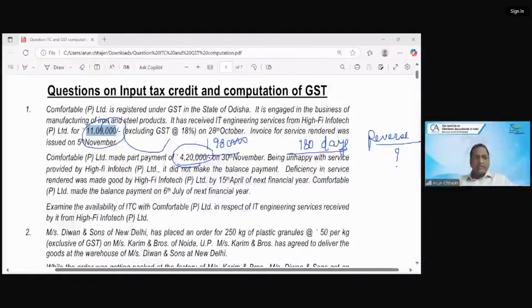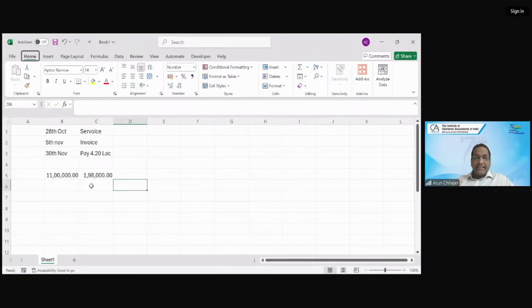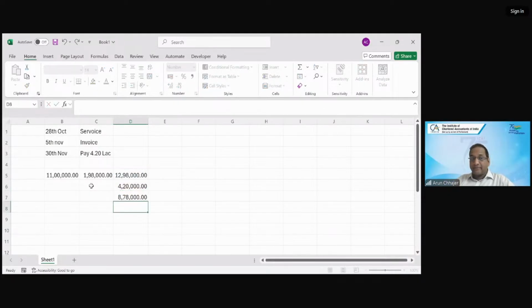Let's do the calculation. Can I say that the total invoice value is 12,98,000? Correct. He has made the payment of 4,20,000. Correct. What is the balance outstanding payment? 8,78,000. The recipient will pay the supplier 12,98,000 including tax.